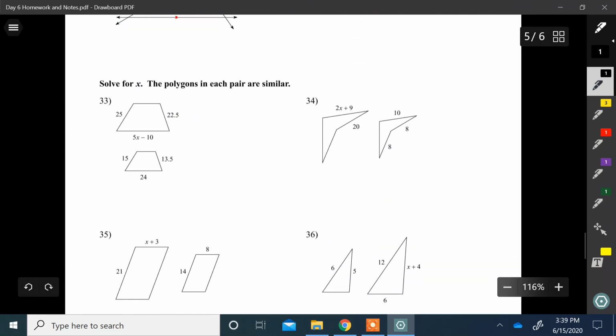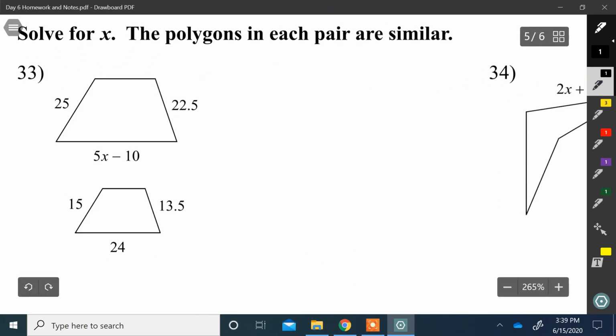All right, now let's go ahead and talk about proportional or similar polygons. Similar polygons are proportional to each other. Okay, and it's actually very easy, guys, very easy.